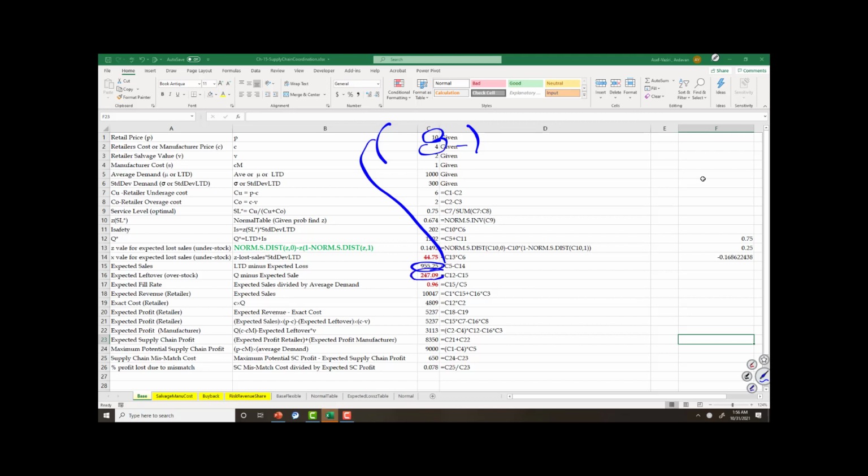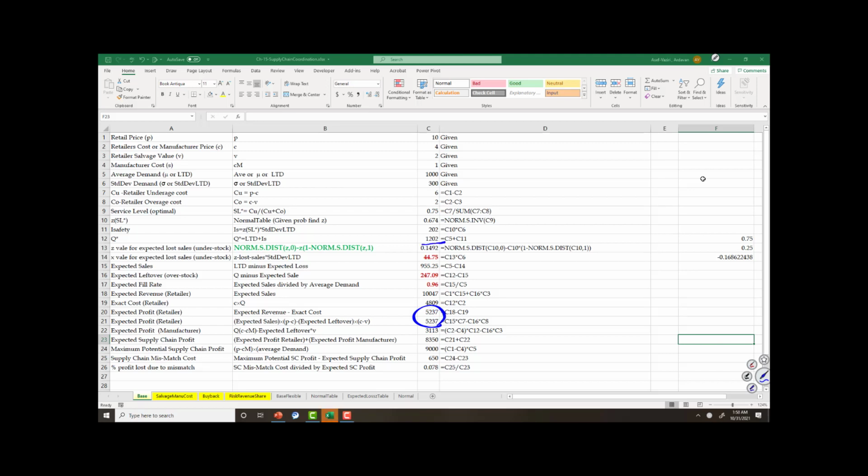The retailer has this much left over. We have bought it for $4, but we can return it for $2. Therefore, this much should be subtracted from the other part, because in this situation, we have got $2 while the price was $4, so this part is negative. And these are two different ways to compute the retailer's profit.